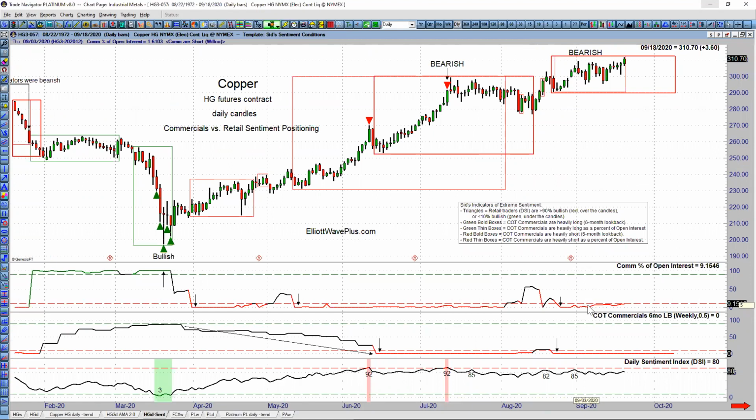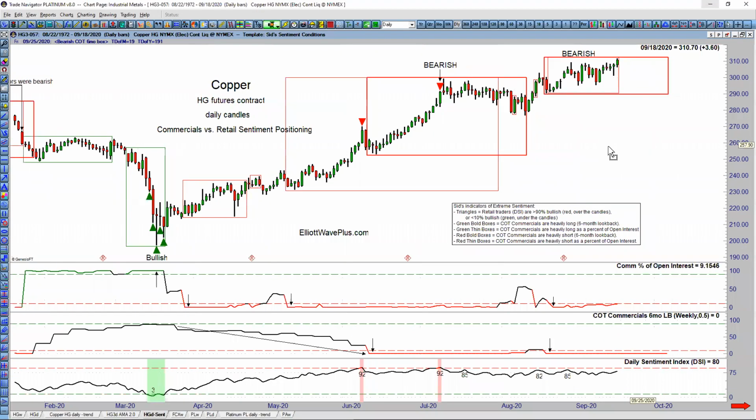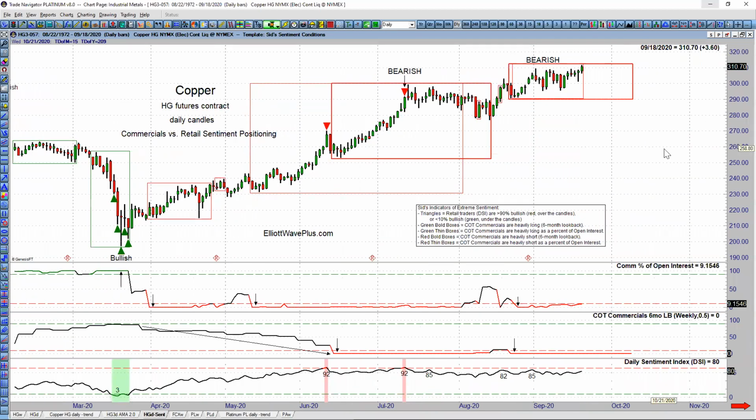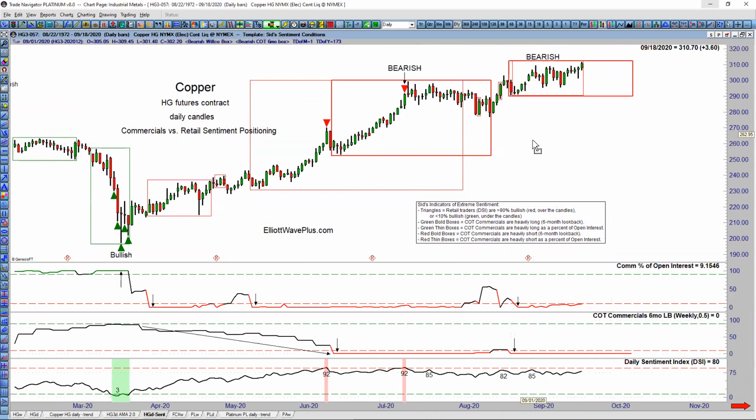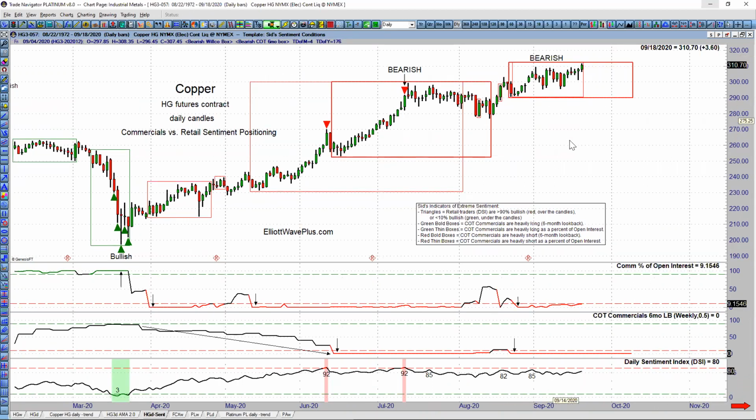You can see that commercials as a percent of open interest are heavily short. Commercials in comparison with their highest and lowest levels of bullishness over the last 6 months, heavily short. Retail sentiment pretty darn high, still at an 80. That is a bearish spread. It just won't give up.